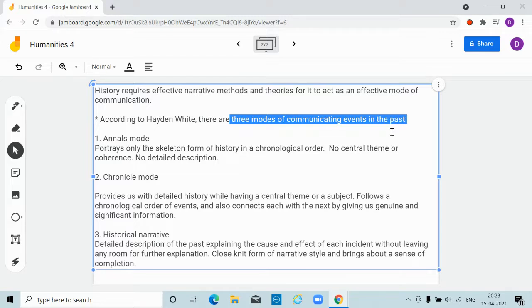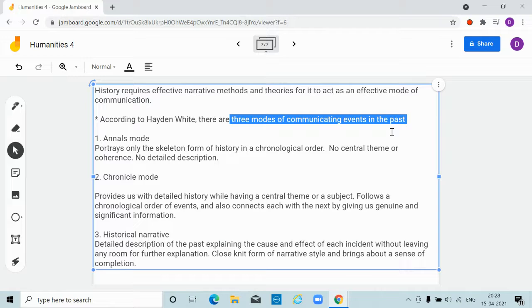There are three modes of communicating history. First one, annals mode. Second one, chronicle mode. Third one, historical mode or historical narrative.